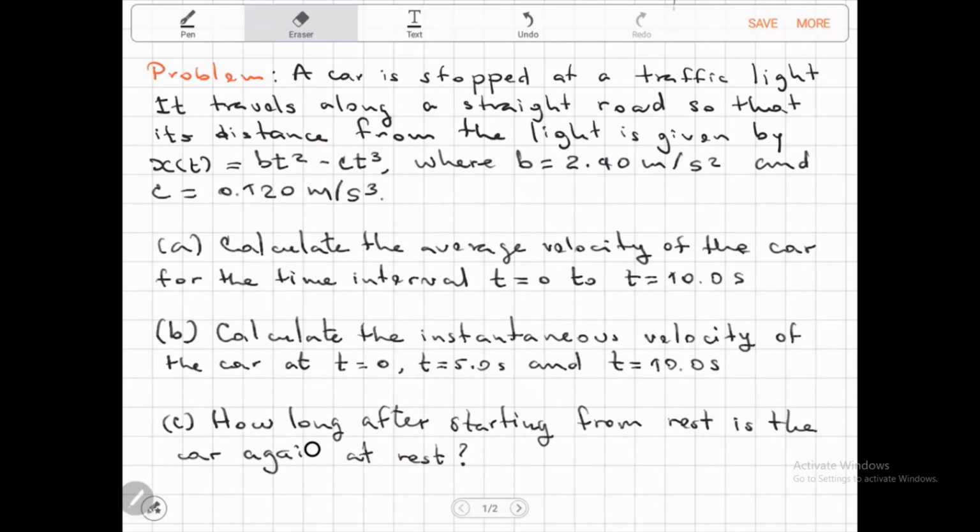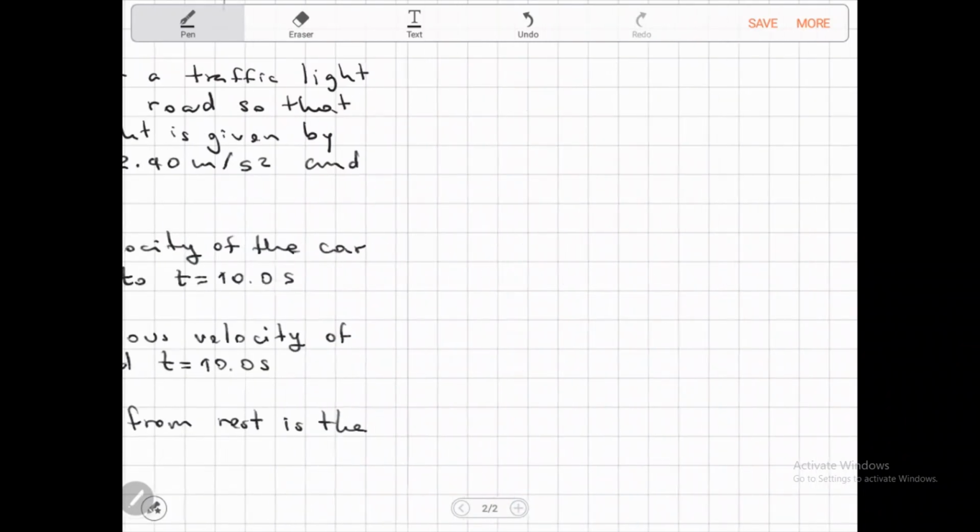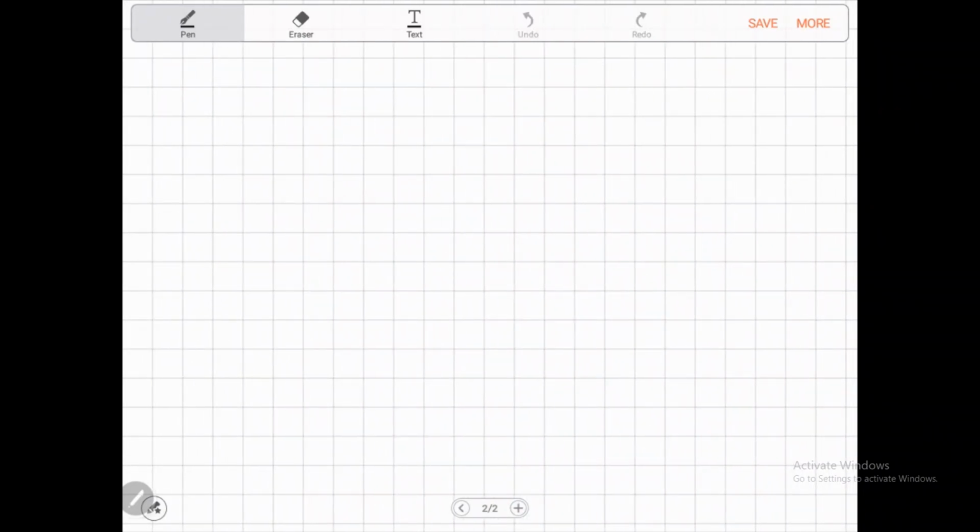So, we are going to solve this problem like this. The first question we are going to solve is part A. In order to solve this part, we have to remember the formula to calculate the average velocity of the car.